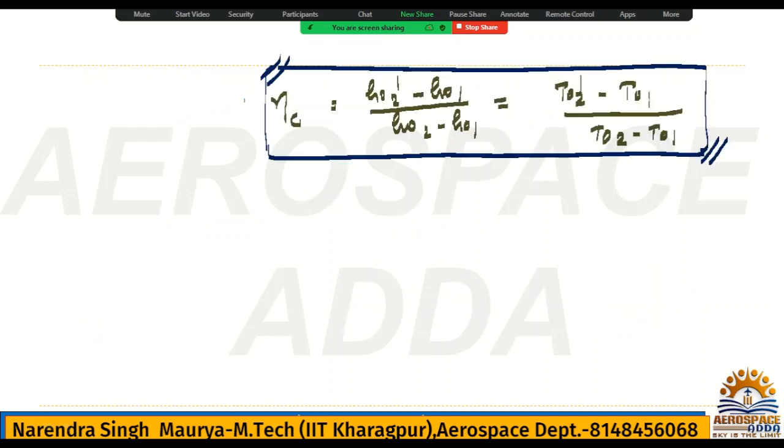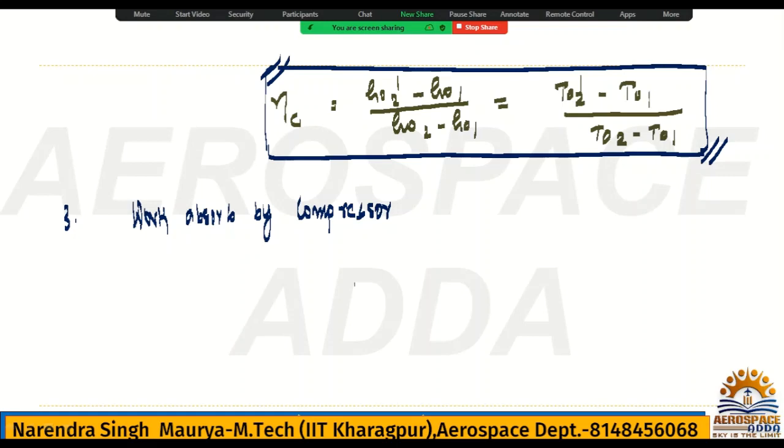Key points. As I told you, what is the compressor? Compressor is a rotational or mechanical device, and it will consume work. So what is the work? Work absorbed by compressor.